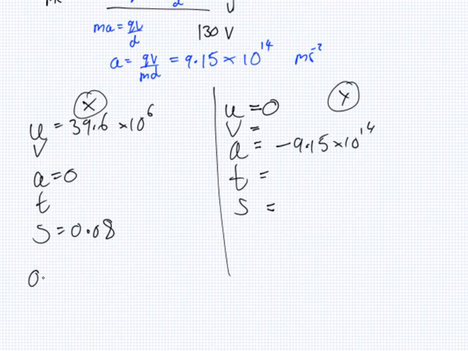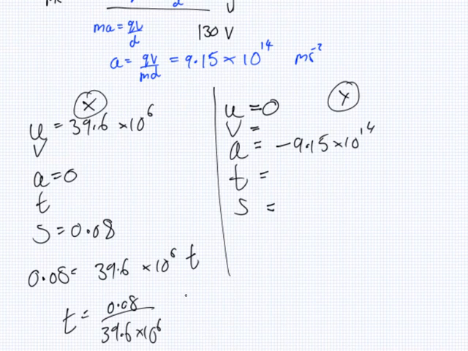So we can say S equals UT. So we have T equals 0.08 over 39.6 times 10 to the 6. Well, we won't work it out just yet because we'll put it into the other formula. Then here we have S equals UT plus a half AT squared. But I don't care about the UT because it's 0. And the A, it's minus, but it doesn't really matter if we consider it going up or down.